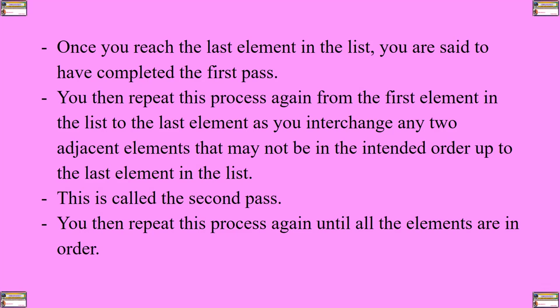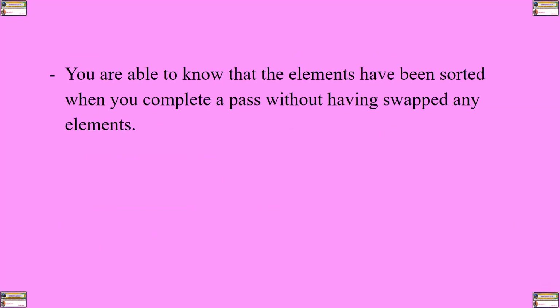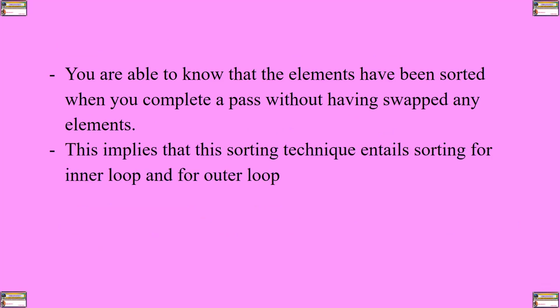So if the processor begins comparing the elements from the first element in the array until it reaches the end of the list without having done any swapping, that will inform the processor that the elements are already in order. They have already been sorted, and that marks the end of the sorting process. So just as I've said, you are able to know that the elements have been sorted when you complete a pass without having swapped any elements.